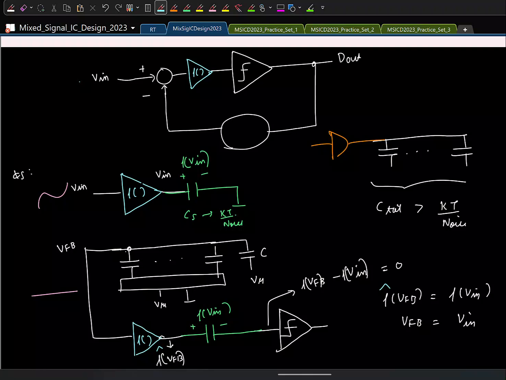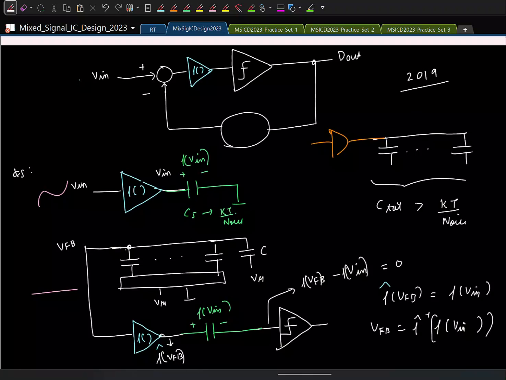So finally, what you get is some f hat inverse of f of V. So we'll still have some residual nonlinearity, but it will be much better than the earlier case. And this technique was quite new, it's only 2019. You can share the reference if you want.